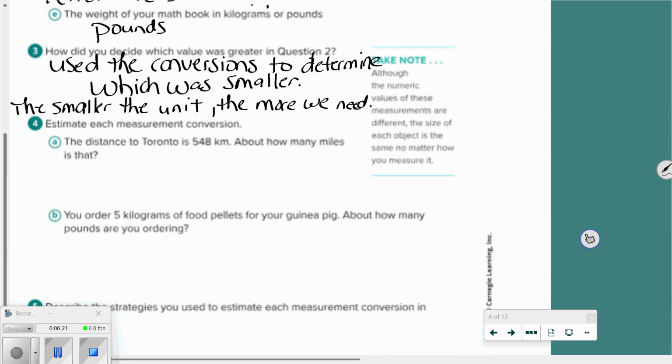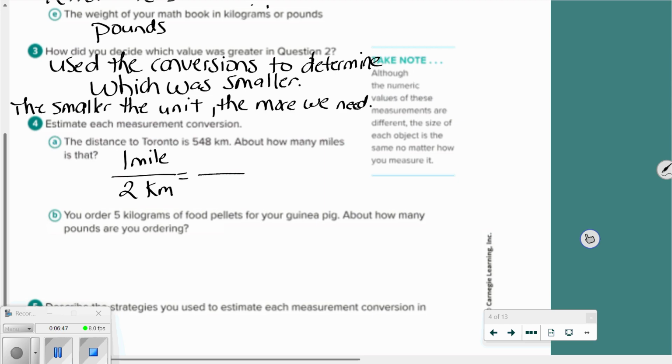All right, let's look at the bottom. Now we're going to actually work with numbers. And this is where we're going to bring in those fractions that we have been working with. The distance to Toronto is 548 kilometers. About how many miles is that? Well, what conversion did I just write on the board a second ago? 1 mile is approximately 2 kilometers.